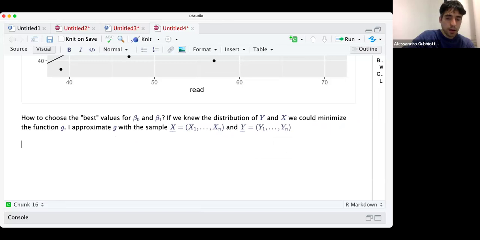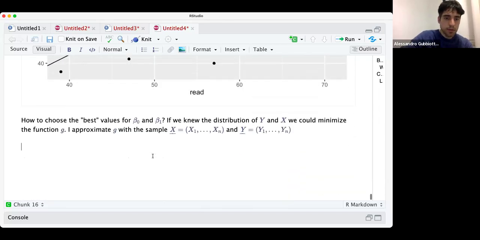And yes, we estimate the function to minimize by the sample mean.